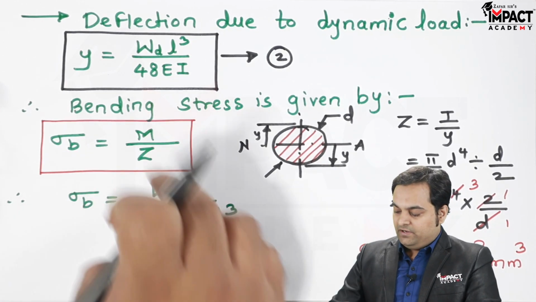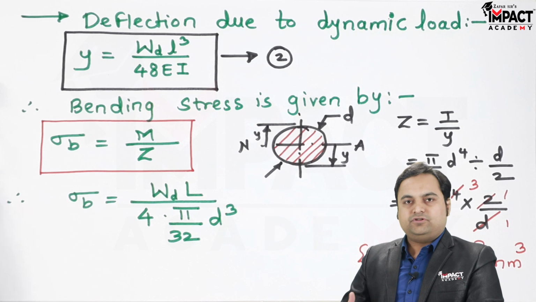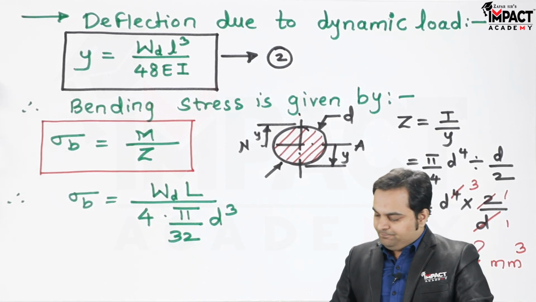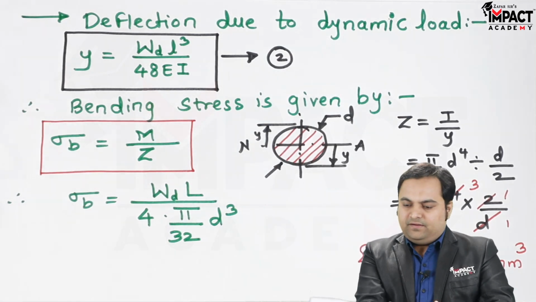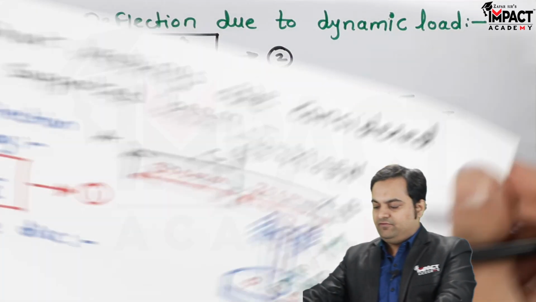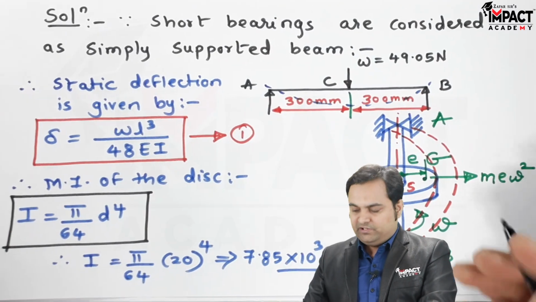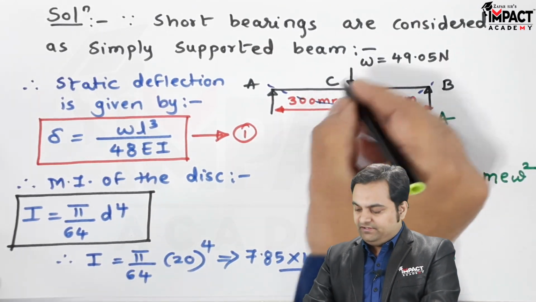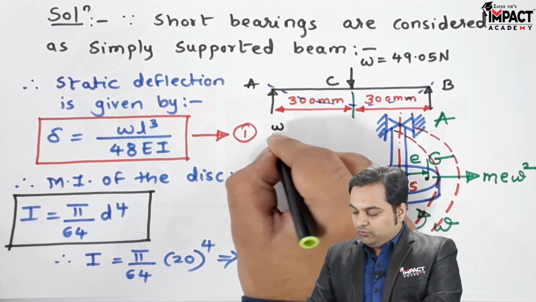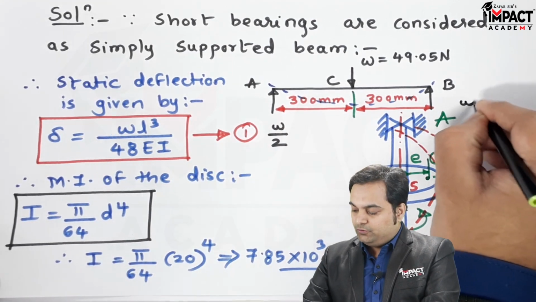And then for M, it is WL by 4. That also we can derive for a simply supported beam. That formula of M can be explained in this way. For example, I'm just explaining it quickly: since the load is acting at the center, at both the ends it would be W by 2 and W by 2.